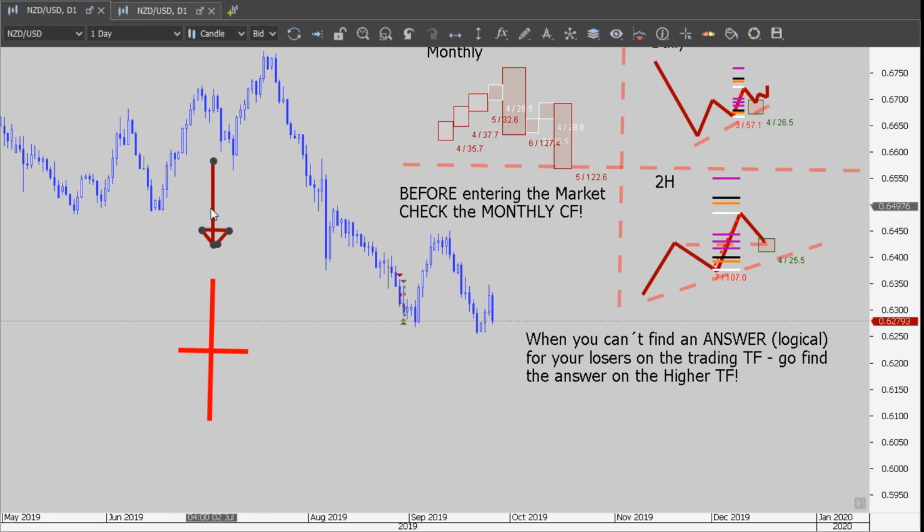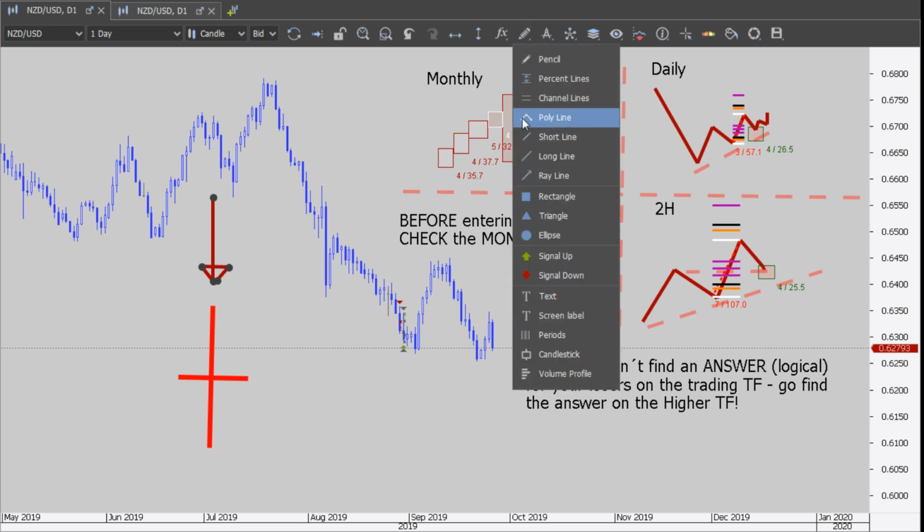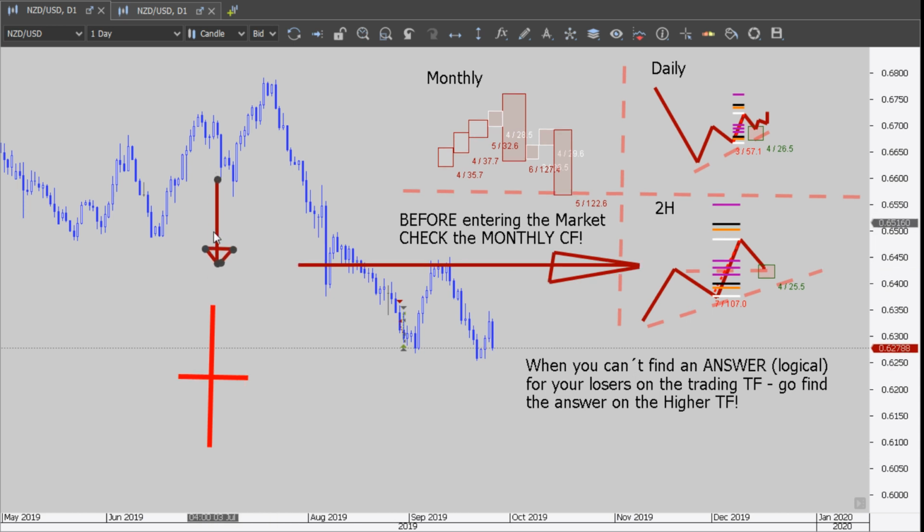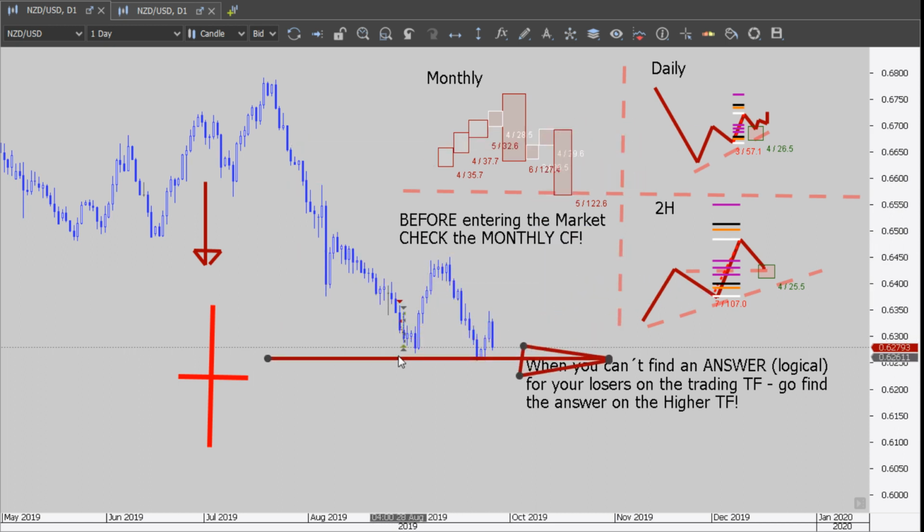Should you go short or should you go long? On your 2-hour chart, on your 1-hour chart, what should you do? And this is what is called multiple time frame trading. You have an undecision candle on the monthly. Should you go short or should you go long? Or should you stay out, everybody?